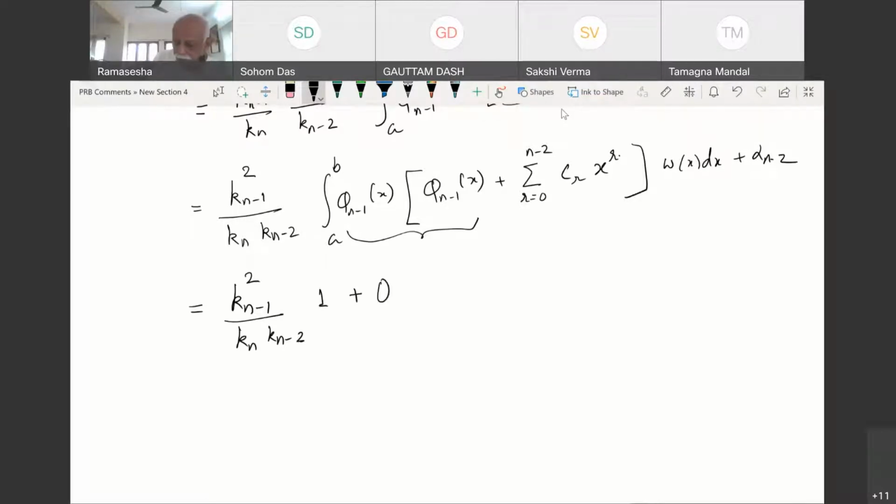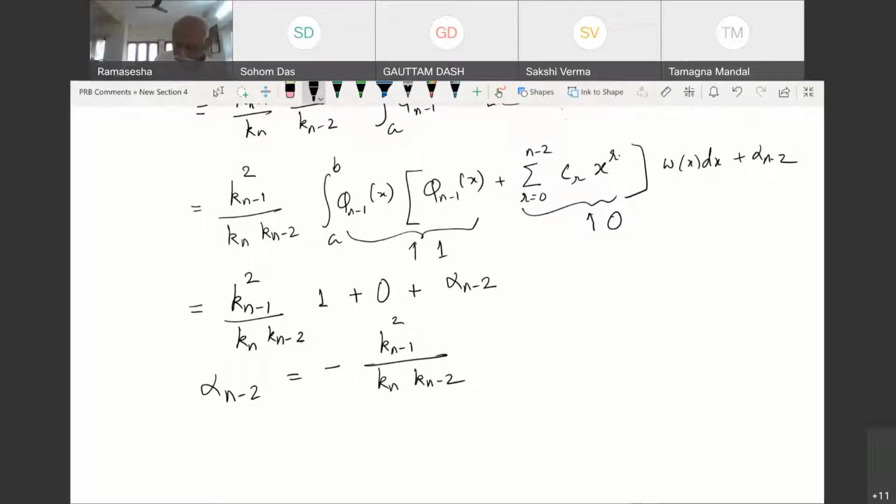So this part will give me 0, this part will give me 1, this part will give me 0, and the other one will remain as such, alpha_{n-2}. So I get alpha_{n-2} equal to minus k_{n-1} squared upon k_n k_{n-2}. So we have got alpha_{n-2}.